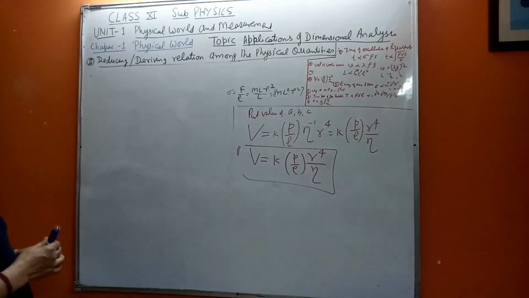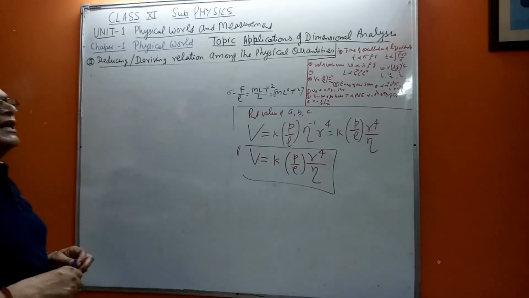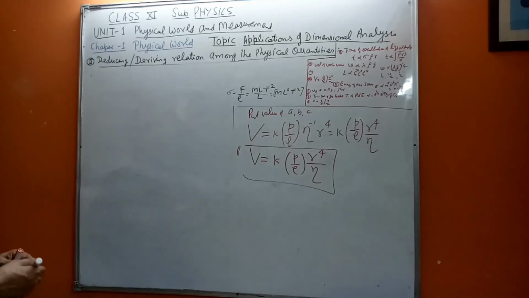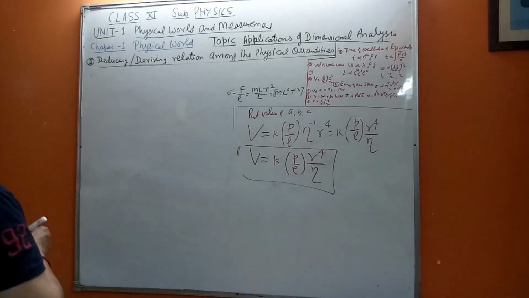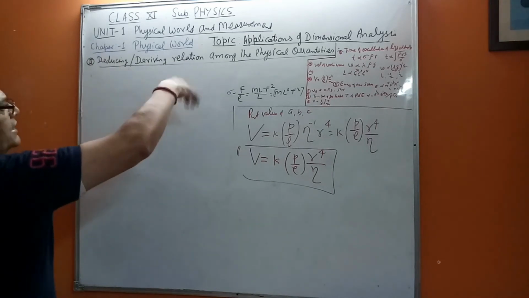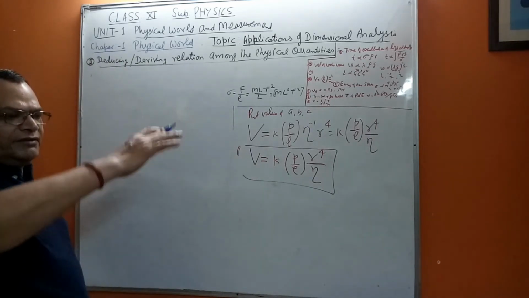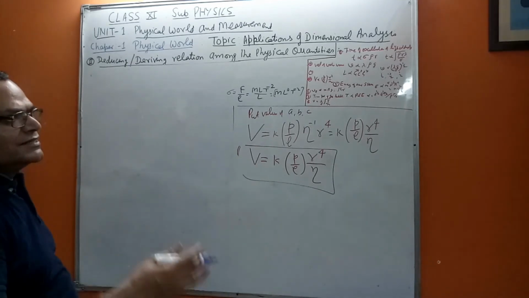Okay, so one problem which came in IIT JEE is that we have to derive a relation for a particle executing SHM, simple harmonic motion. Whenever anything is in motion, it possesses energy.